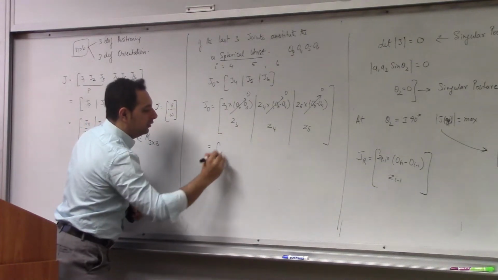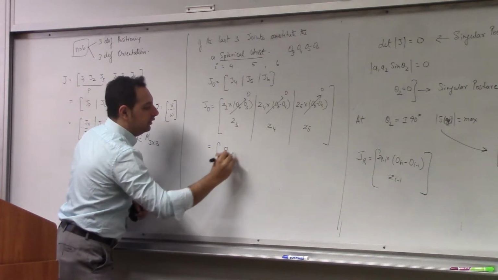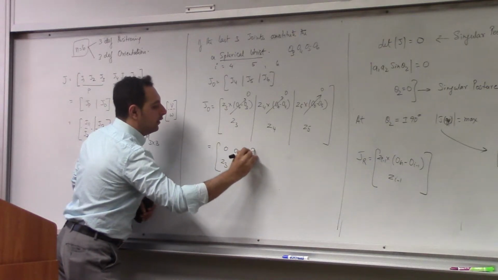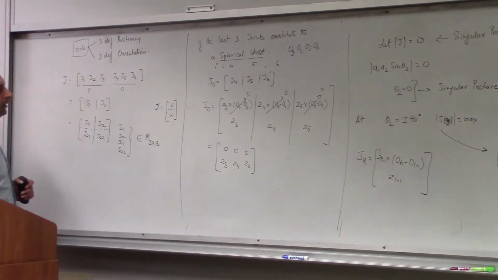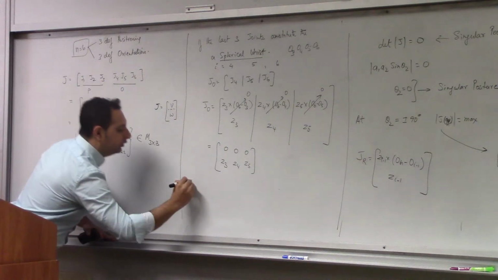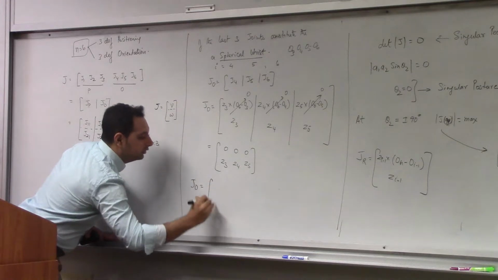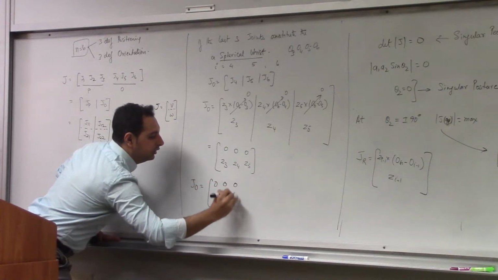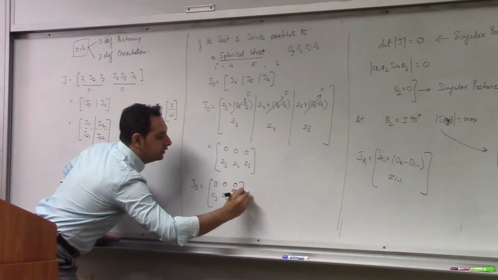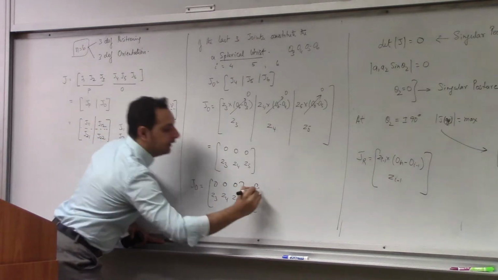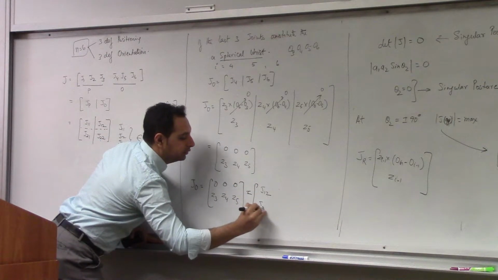So this will be equal to 0, Z3, 0, Z4, 0, Z5, right? But we also know that JO is equal to this. JO is equal to 0, Z3, 0, Z4, and 0, Z5. This is equal to J12 and J22.